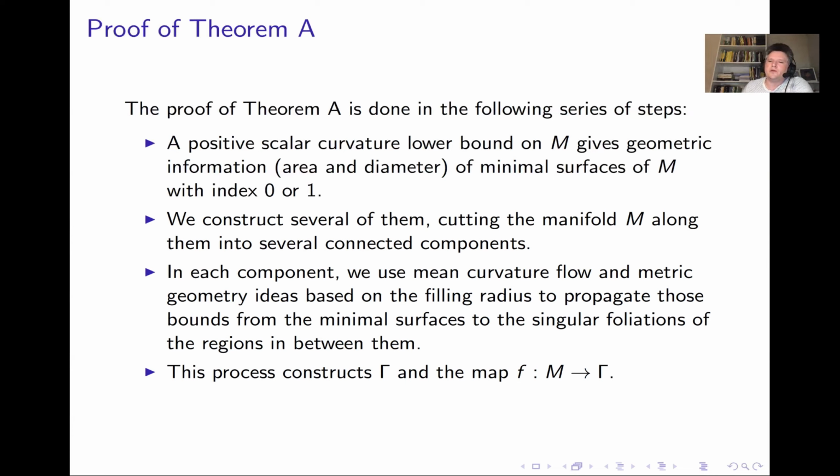For that, we're going to use mean curvature flow, and later, maybe in the third video, we'll see a method to modify that foliation by mean curvature flow into one that also gives us diameter bounds. Okay, so I'll stop the video now and continue in the next one.